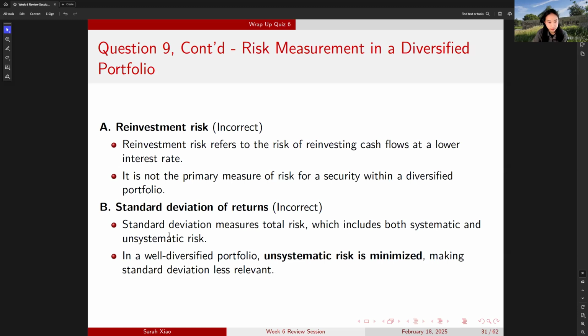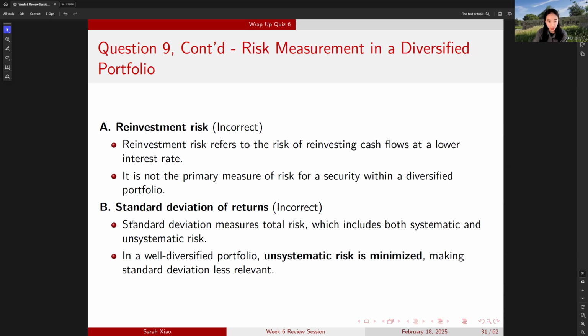So we know that it is not reinvestment rate, because reinvestment risk refers to the risk of reinvesting cash flows at a lower interest rate. It is not the primary measure of risk for a security within a diversified portfolio.